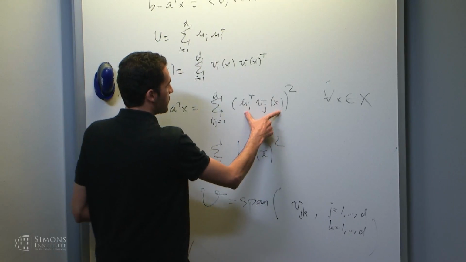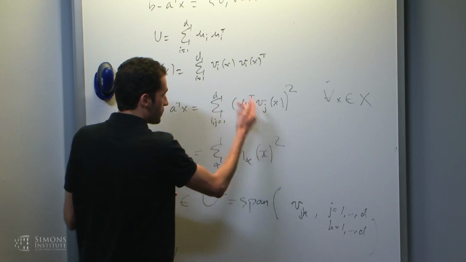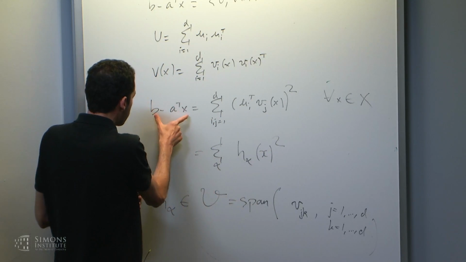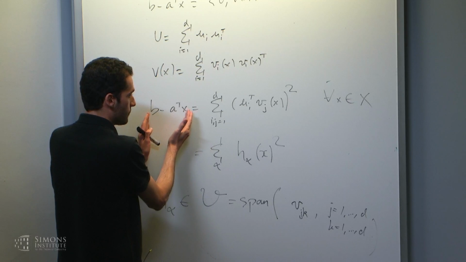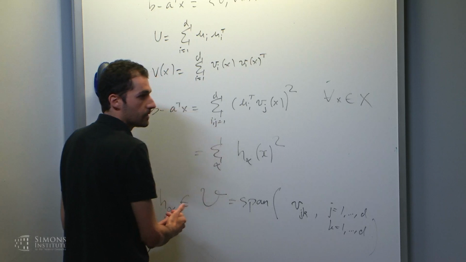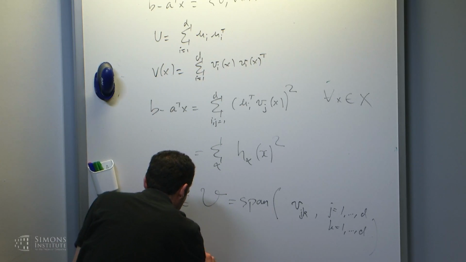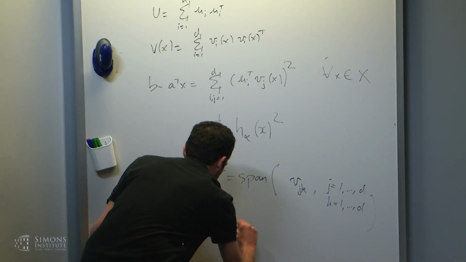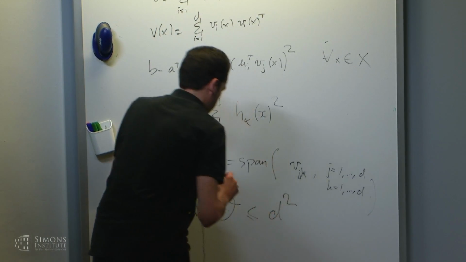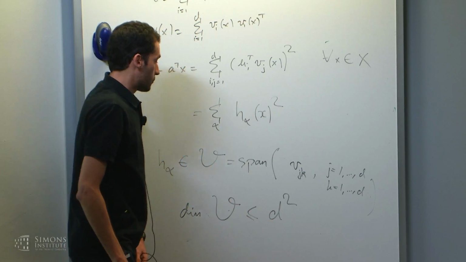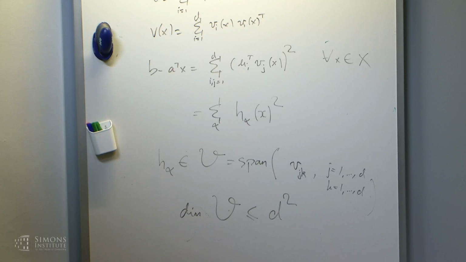So again, what is inside here is an inner product, and v_j is a vector. So what we've written is that we've expressed this facet of the polytope as a sum of squares of functions from a certain subspace V, and the dimension of this subspace is smaller than d squared. Remember, d squared was the size of the lift that we started with. So let me summarize in the theorem.